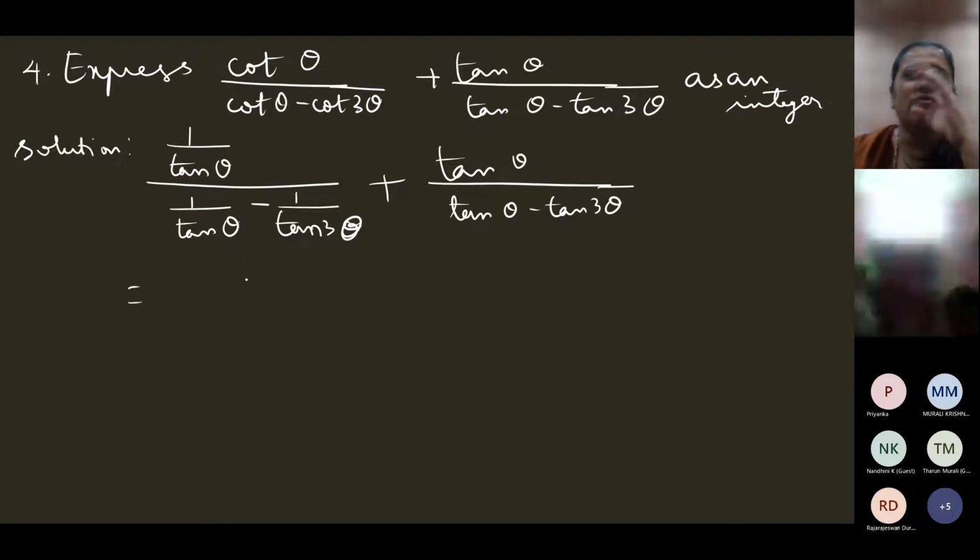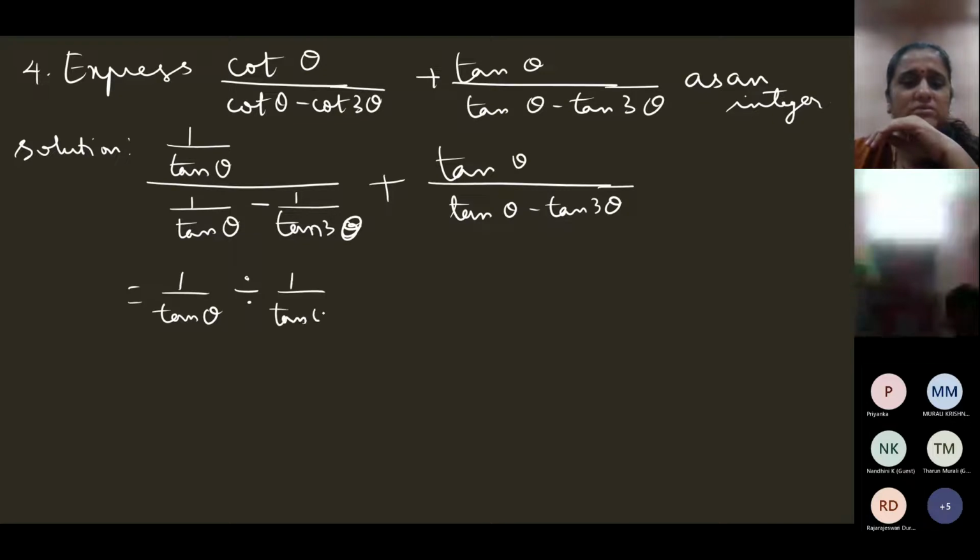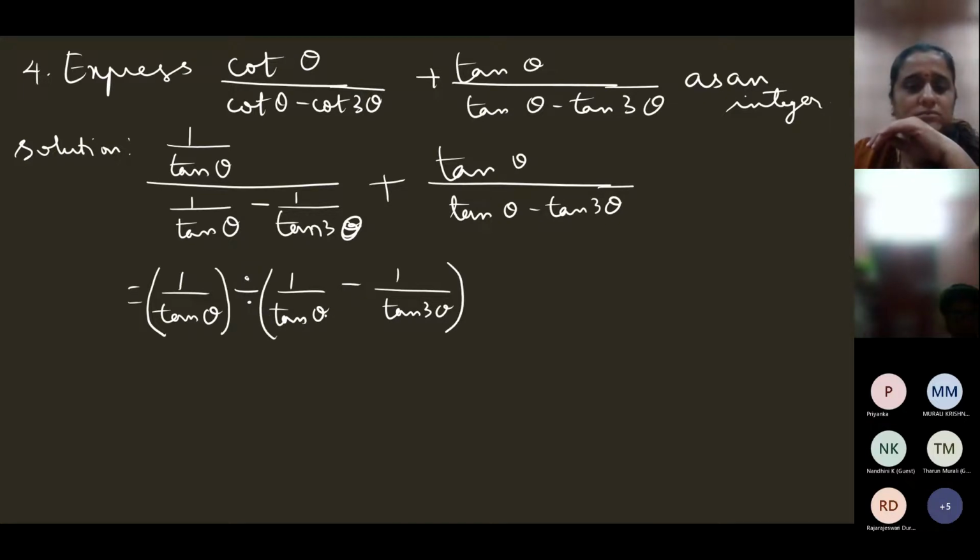So whenever it's a fraction over a fraction, it's better to be safe. We'll just write it like this, divided by like this. I prefer to teach this way. Plus, I'll just write the same thing, children.